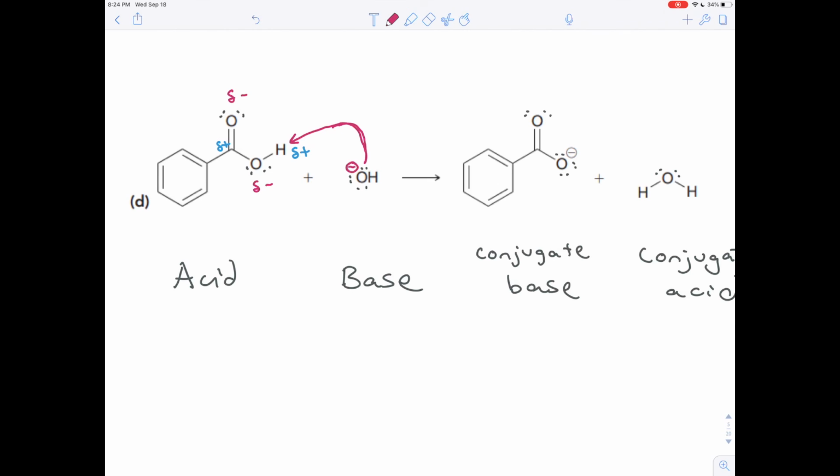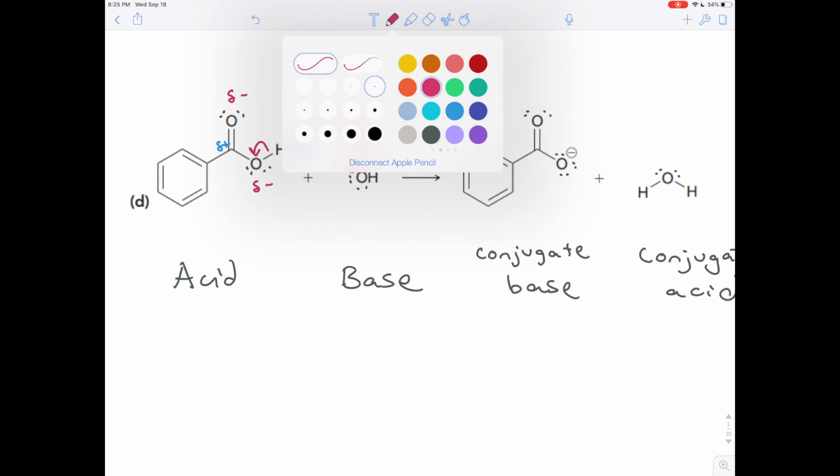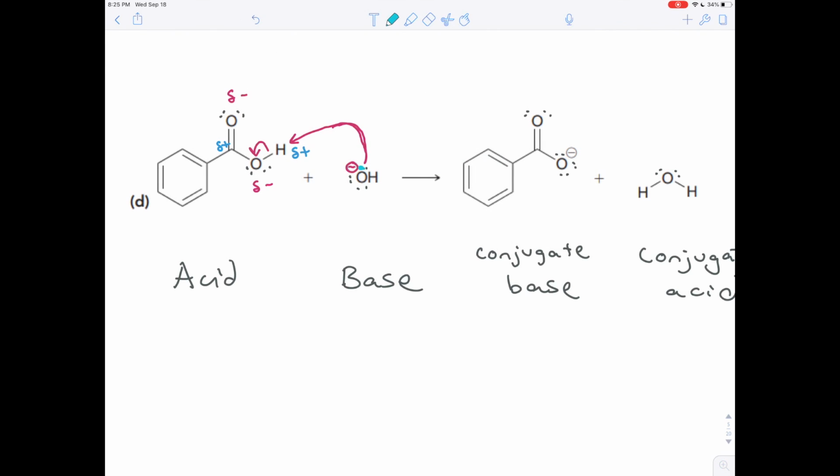Now that hydrogen can only form one bond, so if it's going to form this new bond, the bond that it has to break, those electrons go on to the most electronegative place nearby. So notice what's happened. This lone pair ends up becoming this bond. And this bond ends up becoming our third lone pair here.